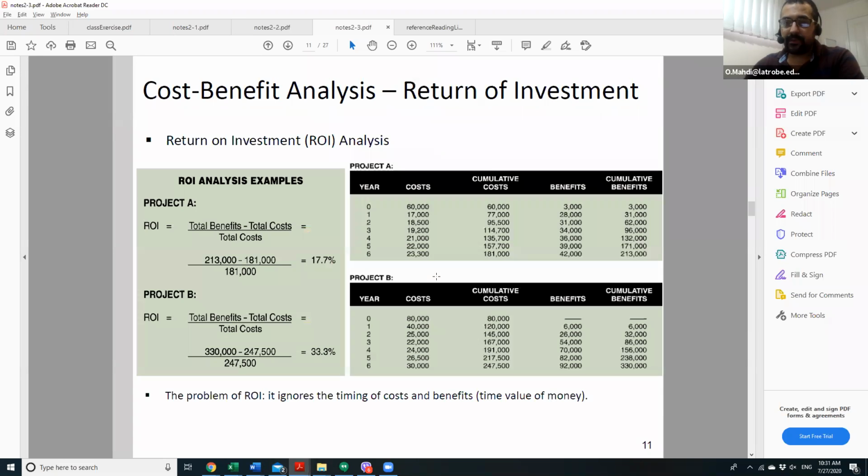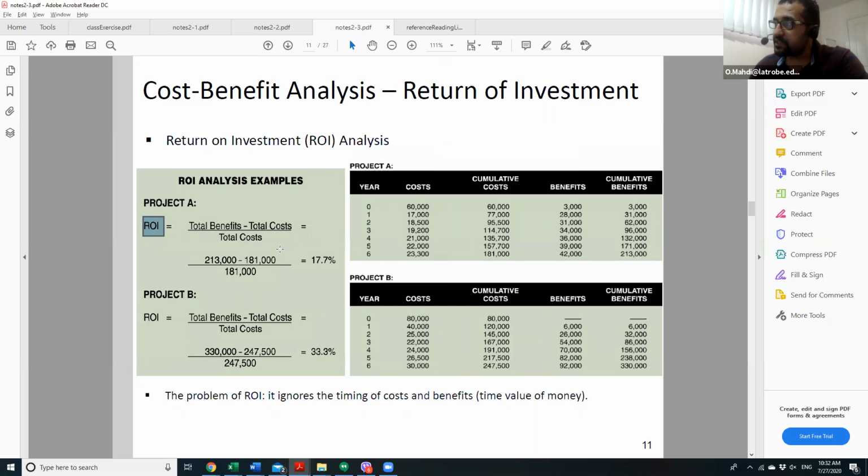Let's take a practical example. The same projects, project A and project B, and the same analysis that we did based on cost and benefits. In order to calculate the ROI, we need to find the total benefits minus the total cost, and divide it by the total cost.